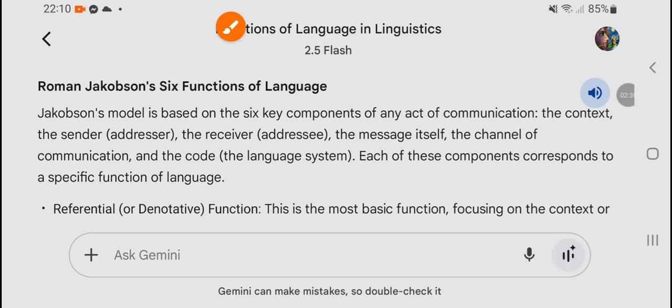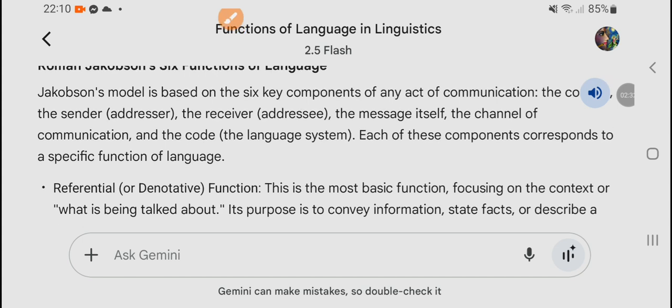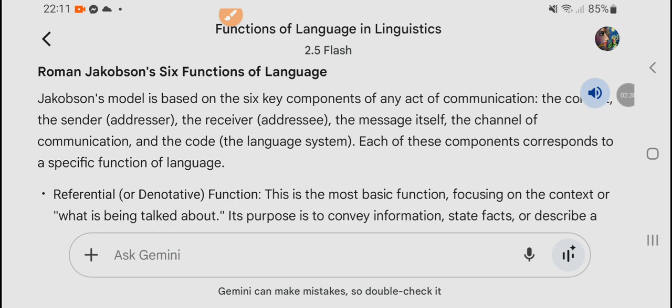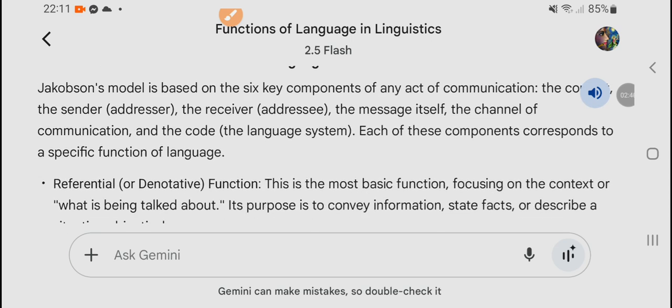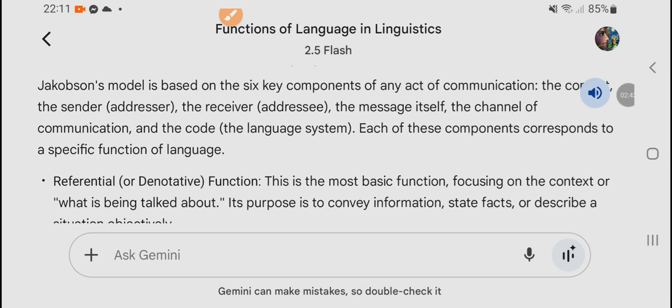Jakobson's model is based on six key components of any act of communication: the context, the sender (addresser), and the receiver (addressee), the message itself, the channel of communication, and the code, the language system.